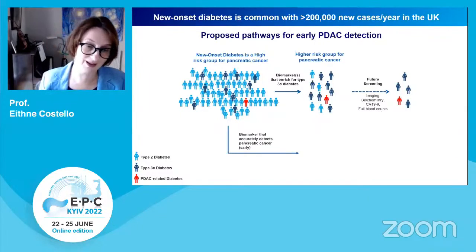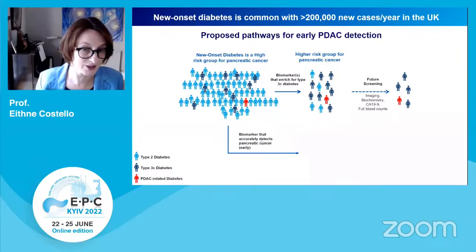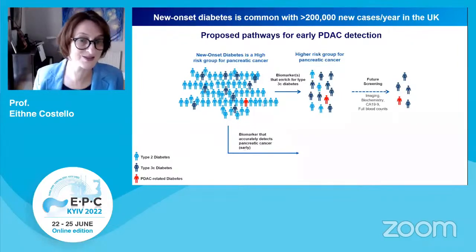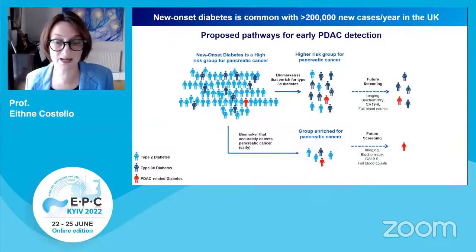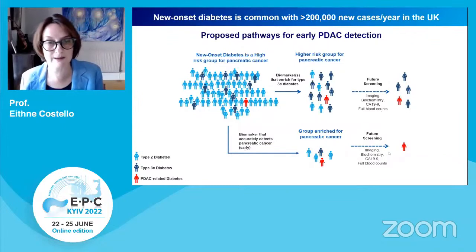Of course, a biomarker that could accurately detect pancreatic cancer early would also enrich this group for pancreatic cancer, and those individuals who test positive for such a biomarker could also be screened.